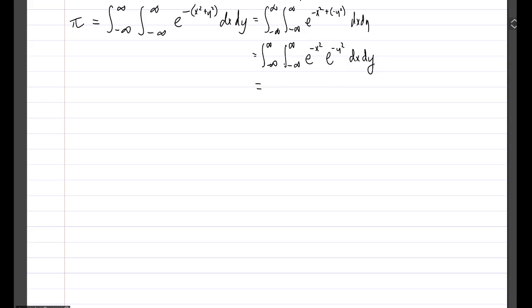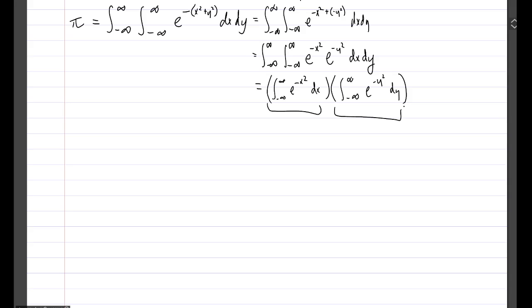Basically, we have a product of two separate integrals. So we have integral negative infinity to infinity of e to the negative x squared dx, multiplied by integral negative infinity to infinity of e to the negative y squared dy. Now here's the funky thing: this integral here and this integral there are actually the same integral.